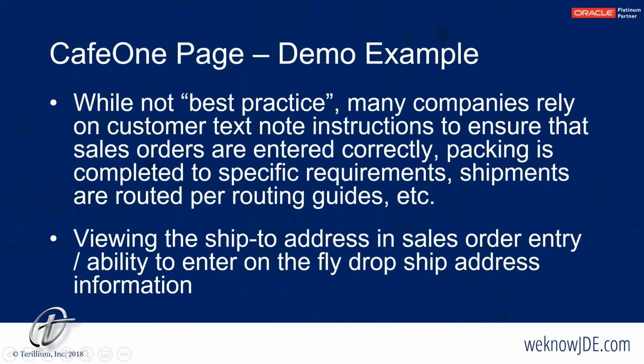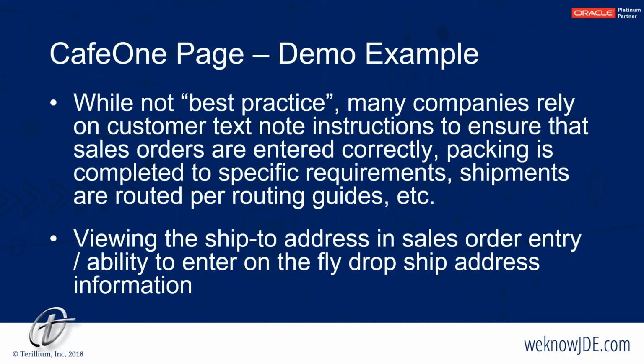And so the two that I'm going to show you are how we can use a text note display in sales order entry that could communicate things like customer shipping preferences. And I'm also going to show you how we could use a CafeOne page within that same page to display the ship to address that is associated with the order.